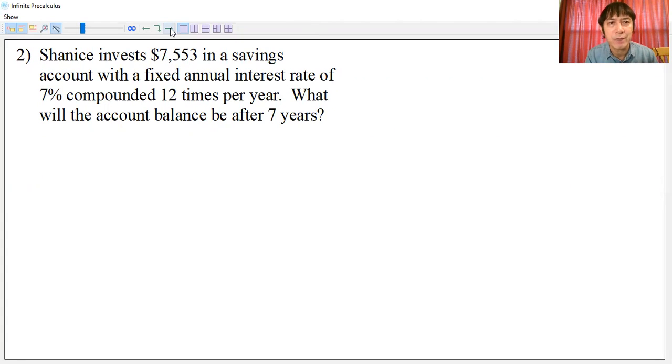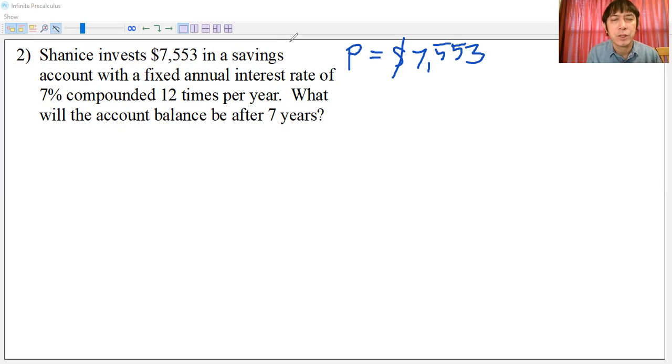Shanice invests 7,553 in a savings account with a fixed annual interest rate of 7%, compounded 12 times per year. What will the account balance be after 7 years? All right, let's write the data first. Invested amount is P. That will be 7,553.